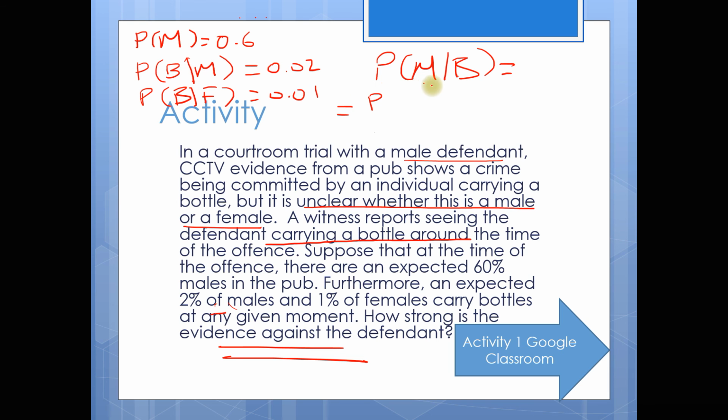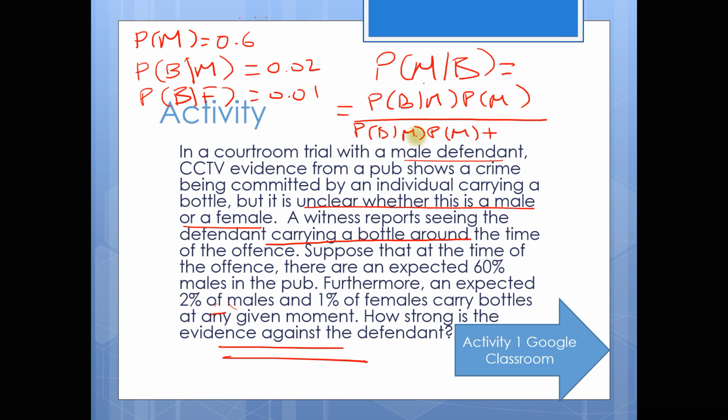The total probability theorem states that the probability of M given B is equal to the probability of B given M times the probability of M, divided by the probability of B given M times the probability of M. So remember the formula, Bk given A. So Bk is M here and A is B. Of course, B1 is M. B2 is what then?